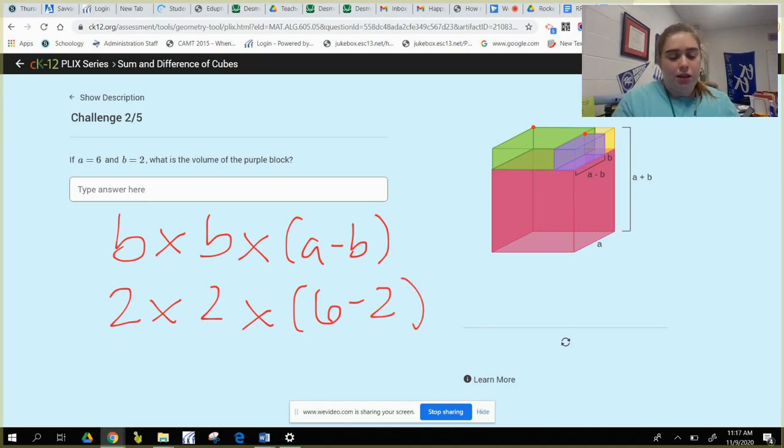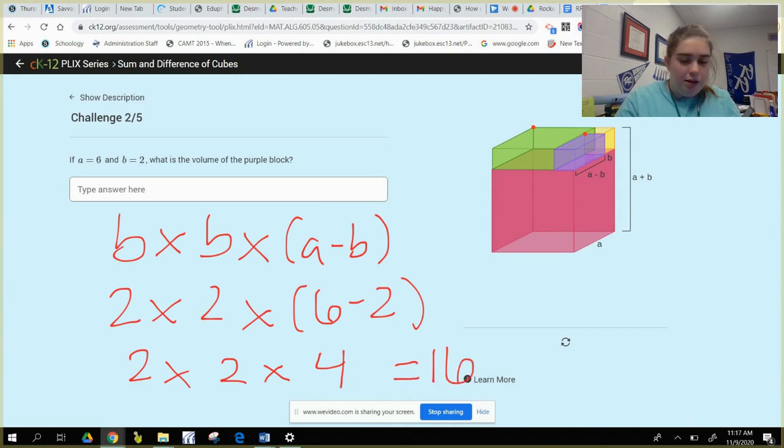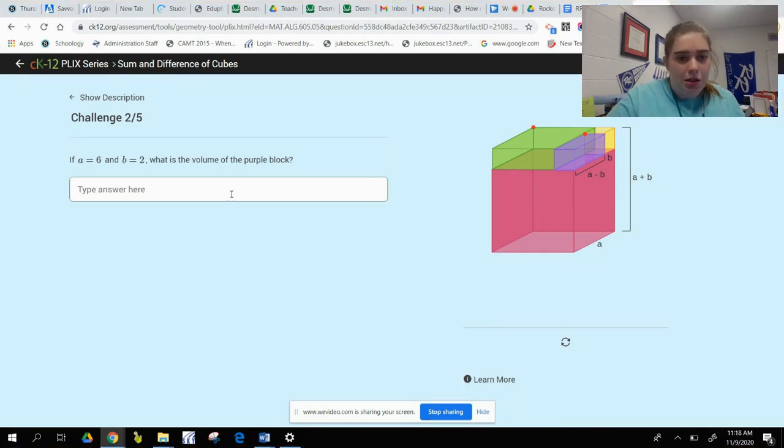Okay, let's do that 6 minus 2 first. So that's 4. So then we have 2 times 4. Okay, now we just need to multiply all that together. So 2 times 2 is 4, and then 4 times 4 is 16. So that is going to be our volume for the purple block, 16. So let's type that in, see if we got it.